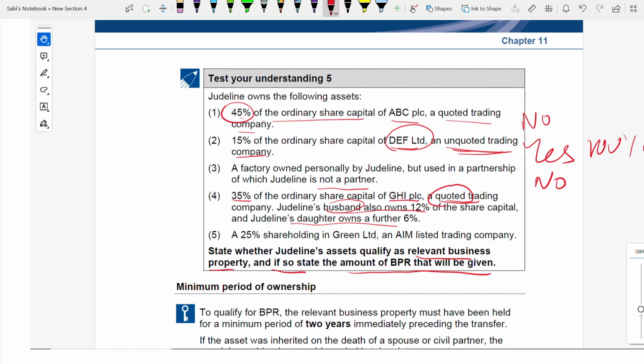Even after taking the husband's share, no control is there, no BPR. Last, 25% share in Green Limited, an AIM listed trading company. Yes, BPR is available. 100%. Because it's an AIM listed trading company.